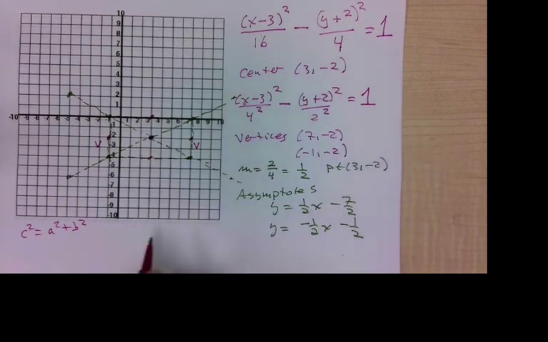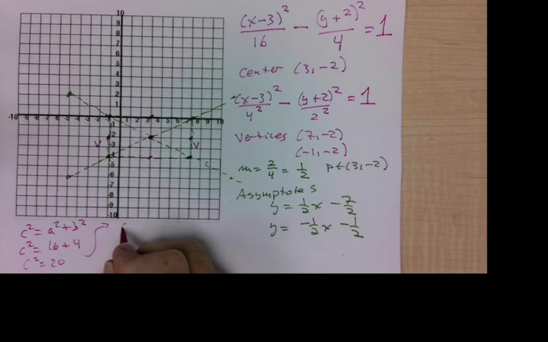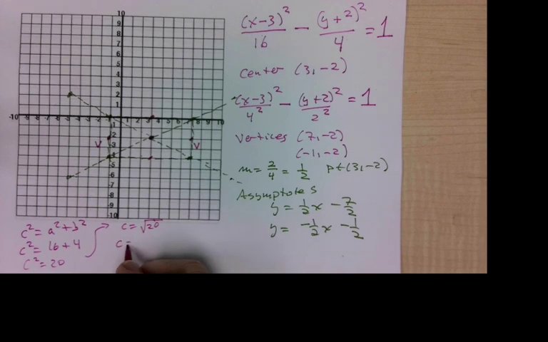So c squared equals 16 plus 4. So c squared is 20. So c is the square root of 20. That's 4 times 5, so it's actually 2 root 5.